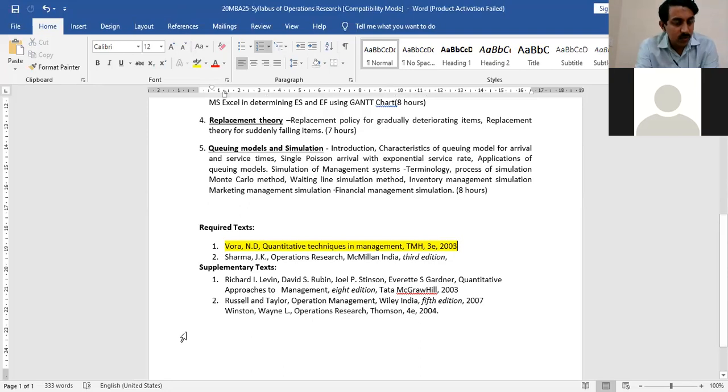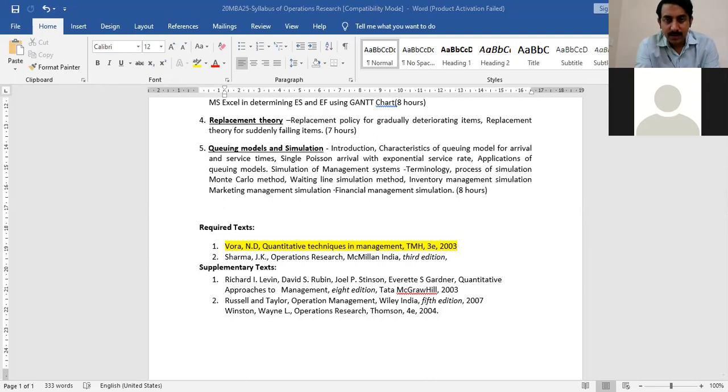Solving the problems in this book is sufficient, and I am referring to the same textbook for my class. So if you refer to this particular textbook, that is sufficient. This syllabus as well as the lesson plan has been updated in the LMS. You can just download it from there.